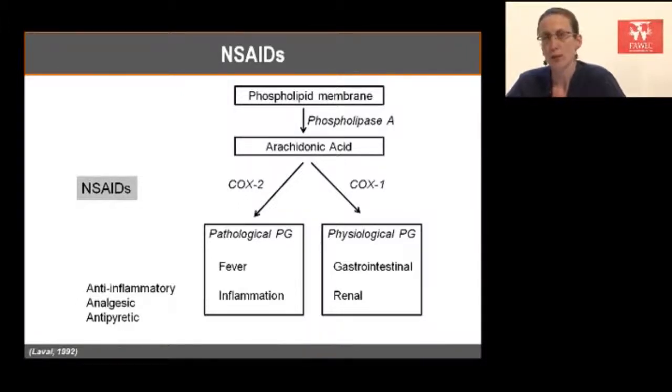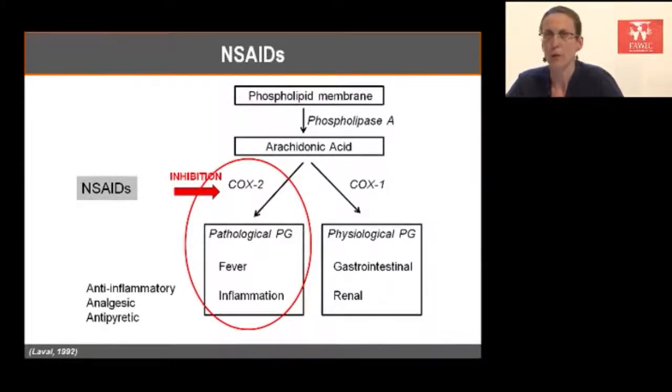And contrary to that, COX-2 produces changes on the pathological prostaglandins, and it is in these cases when we can observe the anti-inflammatory, analgesic, and antipyretic effects of the non-steroidal anti-inflammatory drugs.